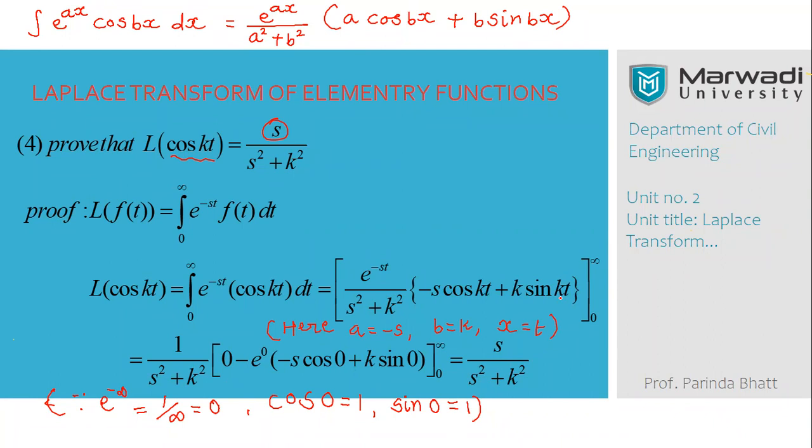Then after, we learned the two trigonometric formulas. Laplace of sin kt is k upon s square plus k square. And Laplace of cos kt is s upon s square plus k square. Okay, clear all these formulas.